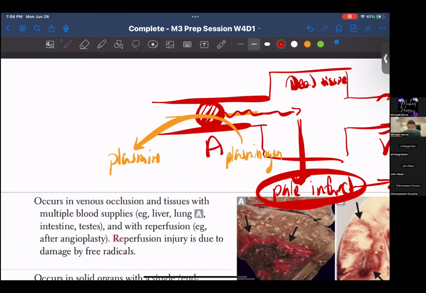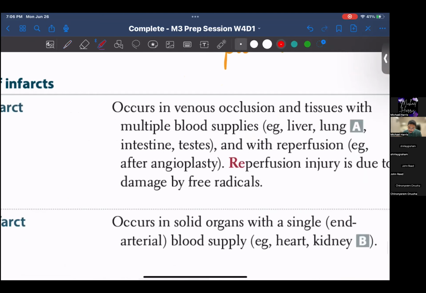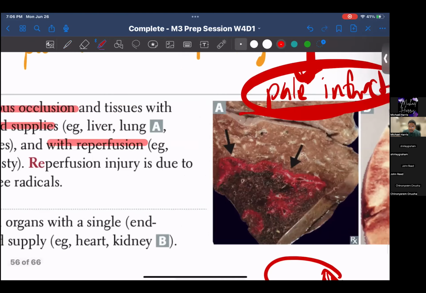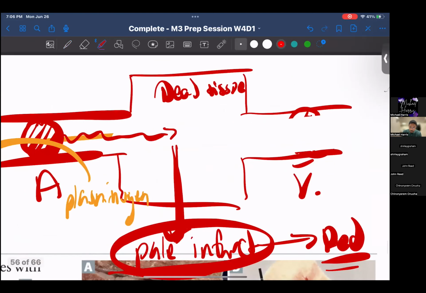Okay? And just like we've discussed, with reperfusion, okay, and then venous occlusion, and lastly, if you get multiple blood supplies, which makes sense because it's essentially the same concept as venous occlusion.